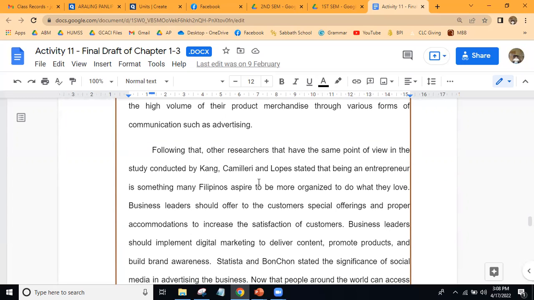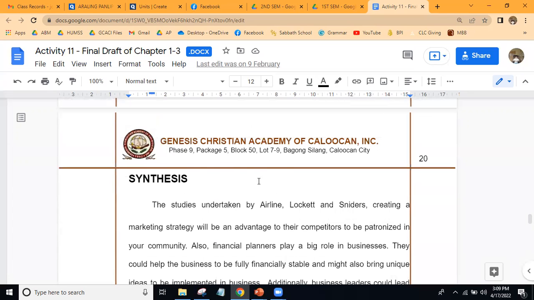Following that, other researchers that have the same point of study conducted by Kang. So it means there is now a comparison.